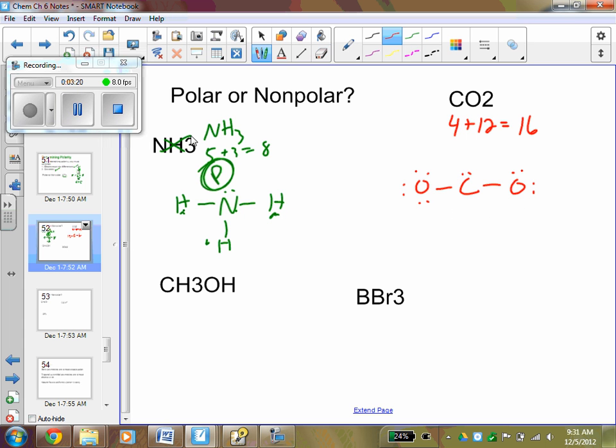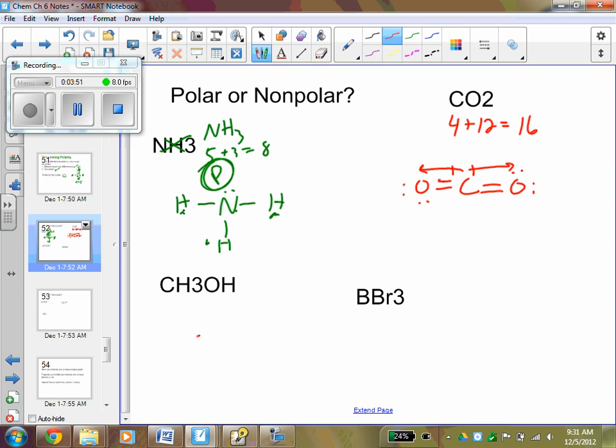So I'll erase some here and put a double bond in. I'll erase a couple more and put another double bond in, and now that fulfills my 16 electrons. Okay? Now, this particular case is a very nonpolar molecule. Even though this is polar in this direction, this is polar in this direction, they balance each other out. The electrons are evenly distributed between these things, barring any London dispersion forces, and this is a nonpolar molecule, so just be careful with that.